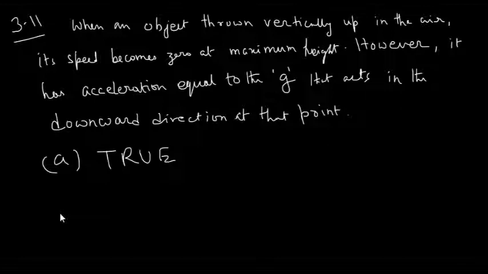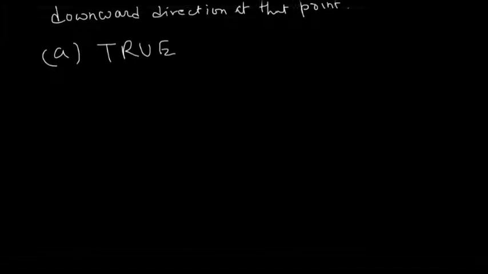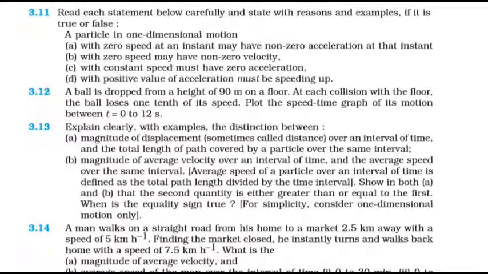Now, the second statement, statement B. Statement B is with zero speed may have non-zero velocity. So, speed is the magnitude of velocity.